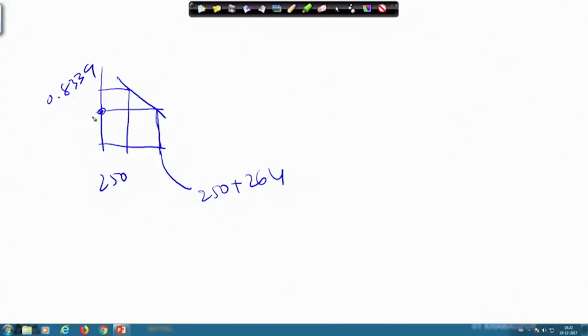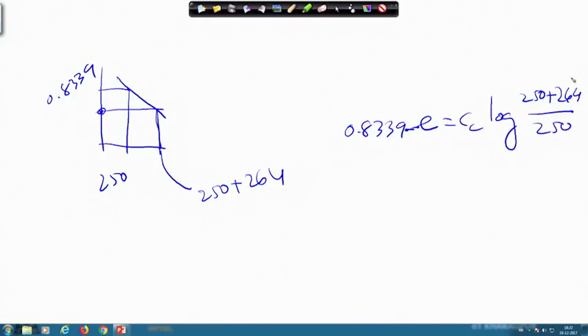So, I can find out 0.8339 minus e equal to C C into log of 250 plus 264 divided by 250. From here C C is known, 0.166, I can get the e value. So, this can be calculated.